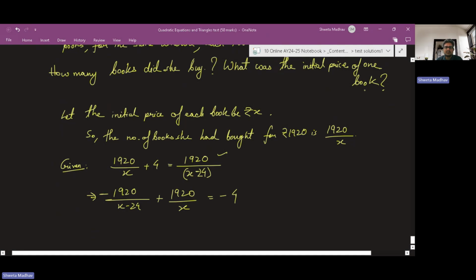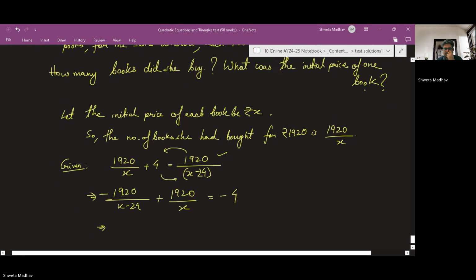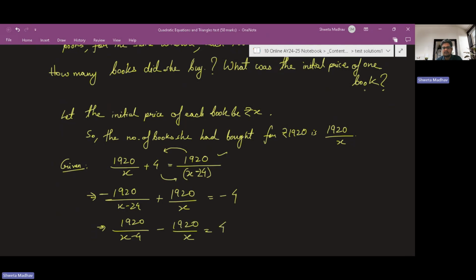Since I took this on the left hand side the sign will change, and this I took on the right hand side so the sign will change. So we can tell that 1920 by x minus 24 minus 1920 by x will be plus 4, if we take minus 1 as common from the two sides.